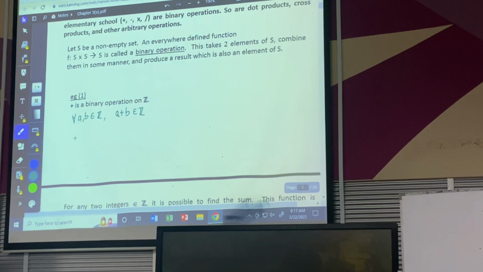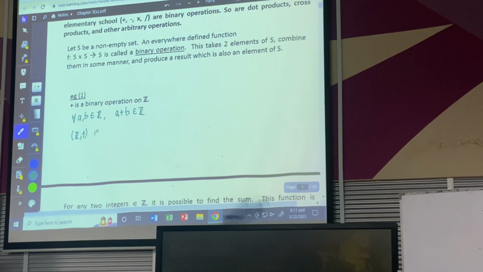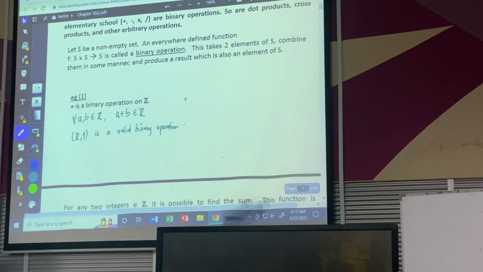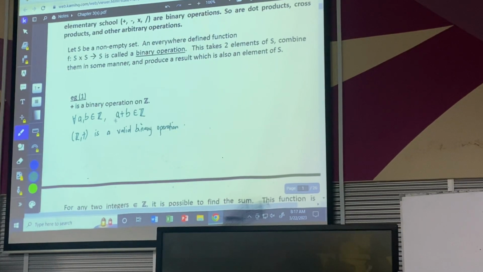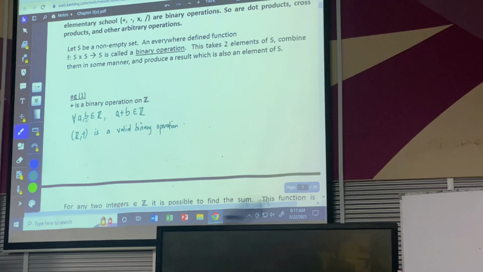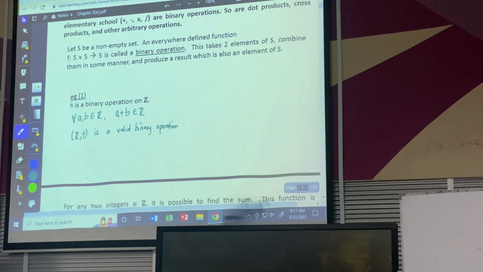Then you can say that plus on the set of integers is a valid binary operation. So remember, when you want to show that it is valid, you need to use any integer. Don't give a specific example.